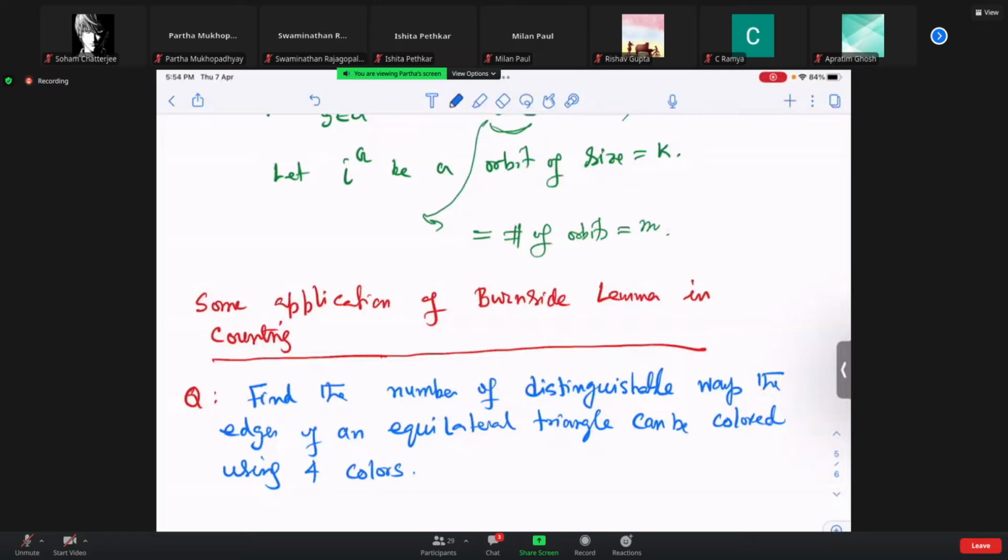So this is the question. Find the number of distinguishable ways of coloring the edges of an equilateral triangle using 4 colors.